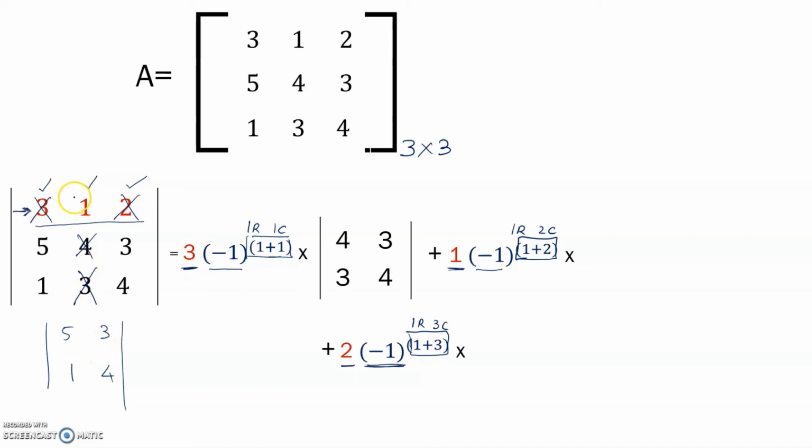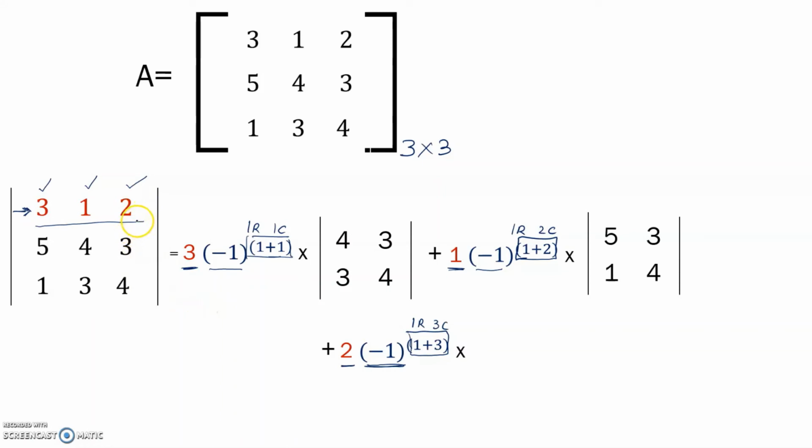Watch this. To get the minor of 1, you remove the items from the same row and the same column. Then the remaining will form a submatrix. So this is the minor matrix, and the determinant of this is what we need. So let's bring it over here. Next, we have to find the minor of 2.